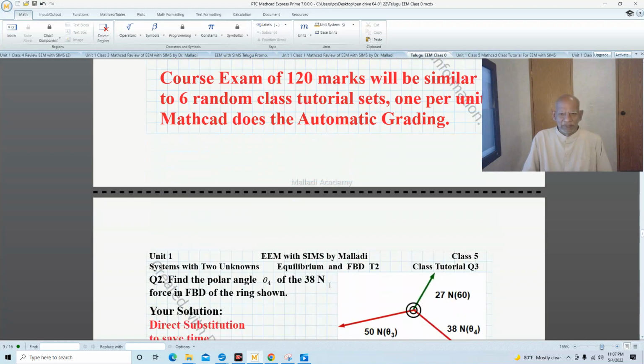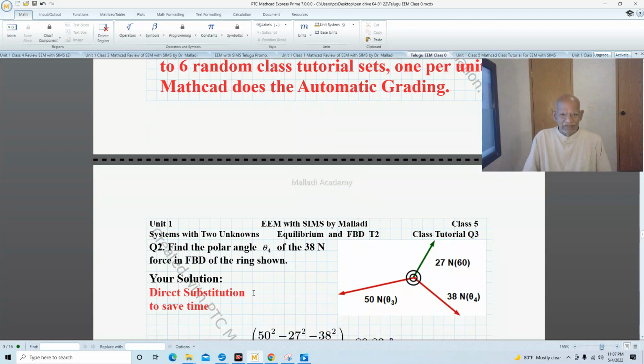A typical tutorial, here in this case a class tutorial, looks like this. This is a 4 mark problem, and here we are trying to find the unknown angles of 2 forces with a known force completely.